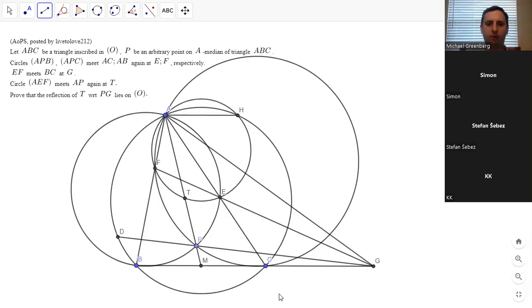So yeah, we just need to show the parallelism, and maybe it's better to show angle HAT as AMB. I'm not sure.